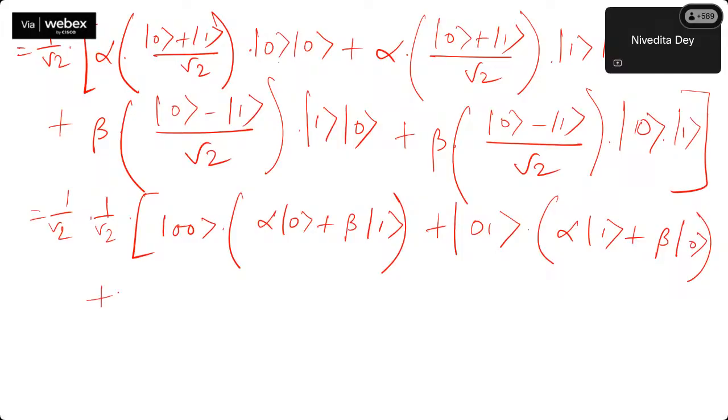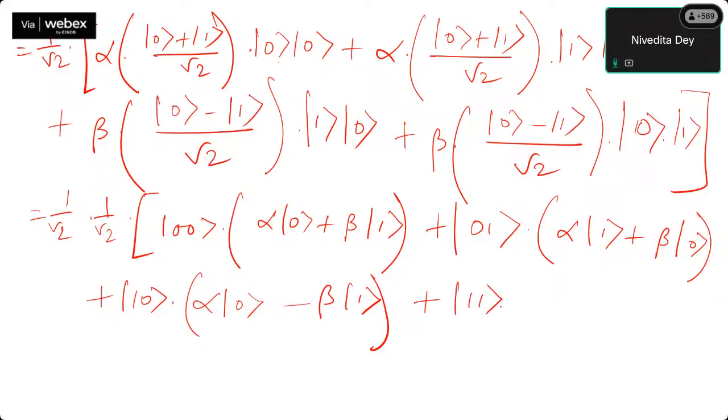If it is 10, then it is alpha 0 minus beta 1, and if it is 11, then it will be alpha 1 minus beta 0.